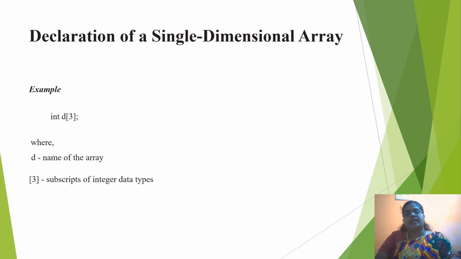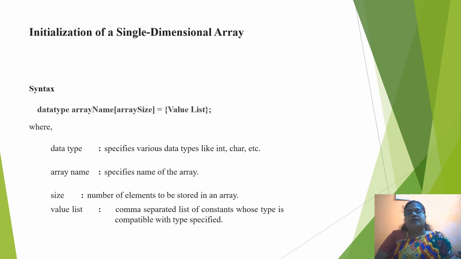Example of this one is int d of size 3, where d is the name of the array, 3 is the subscript of integer data type. Initialization of a single dimensional array. In this initialization, the syntax is data type array name of array size equal to value list, where data type specifies various data types like integer, character, etc. Array name specifies the name of the array, size is the number of elements to be stored in an array, value list is a comma separated list of constants whose type is compatible with the type specified.